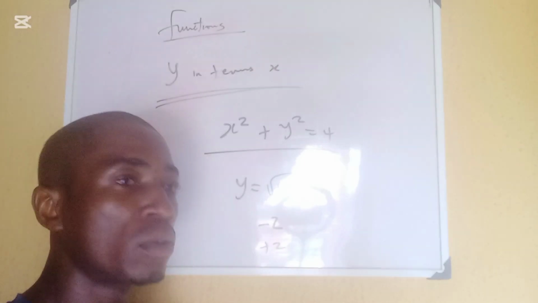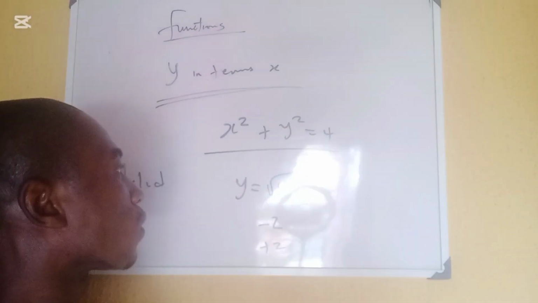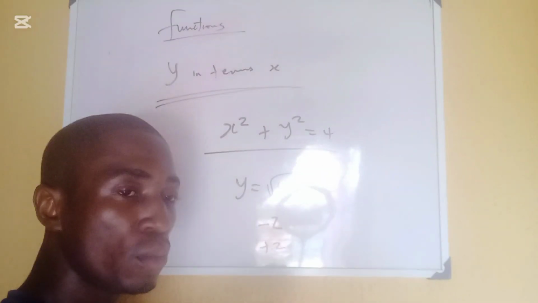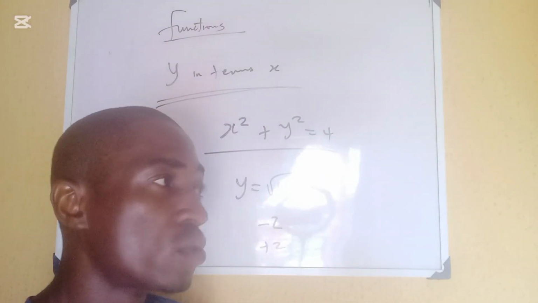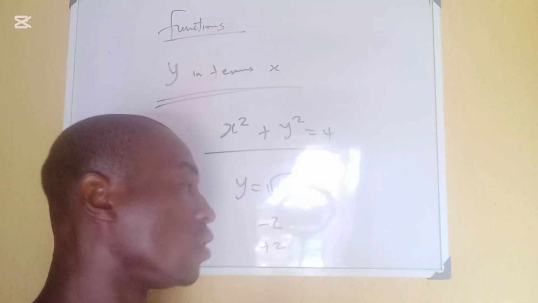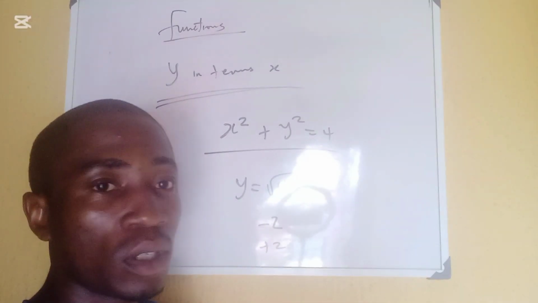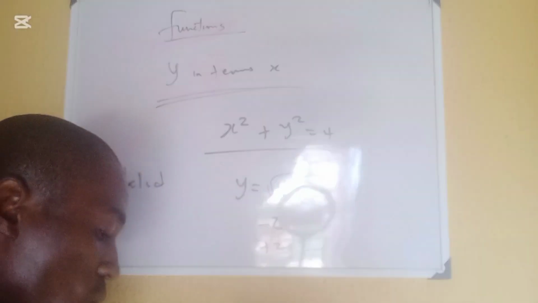But the other way around is a function. What I mean by the other way around, we can have two inputs giving birth to the same output. So that is a function. But when it happens this way, it is not a function.